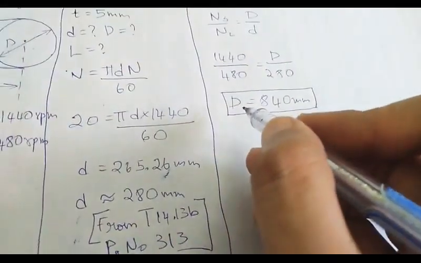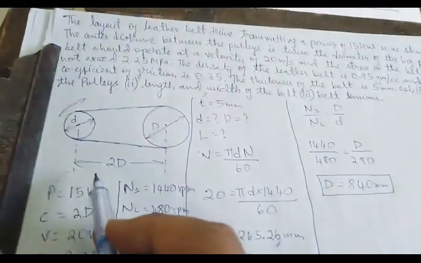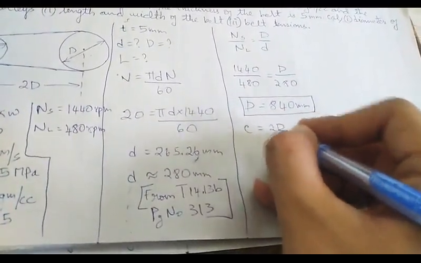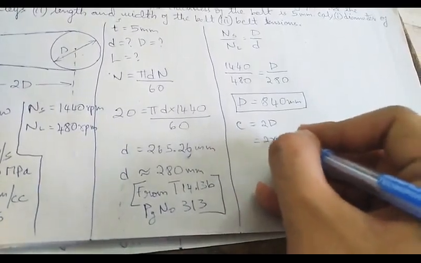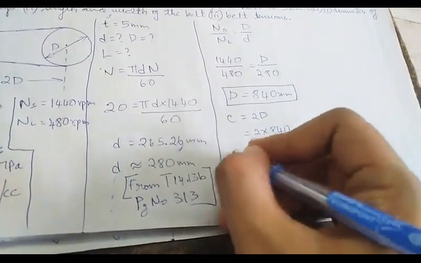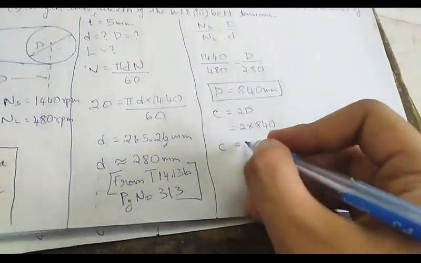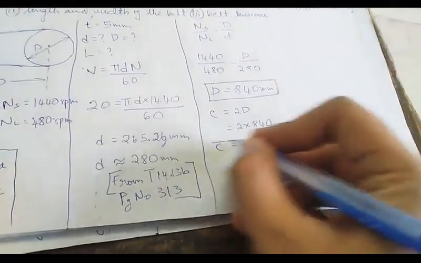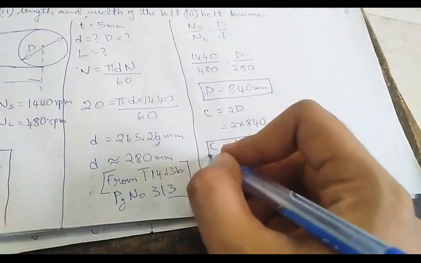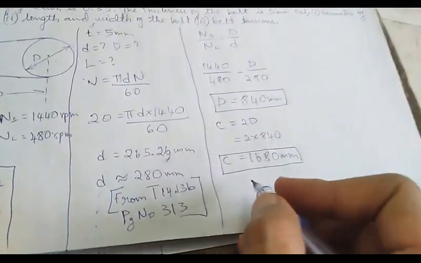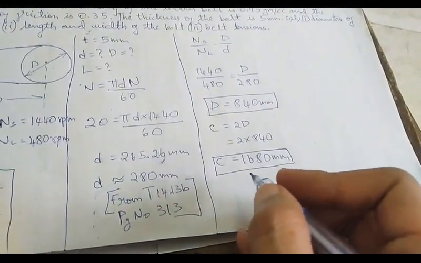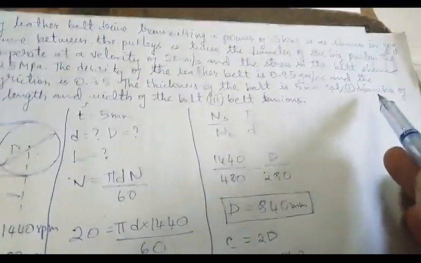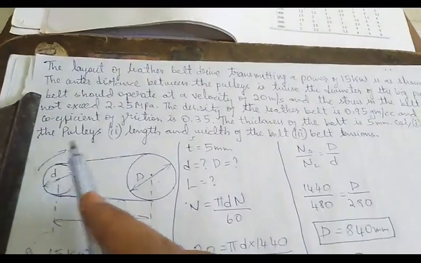Since we found out the capital D, we can find the center distance. C is equal to 2D, 2 into 840, 1680. So they are asking to calculate the diameter of pulleys. We have found out the diameter.